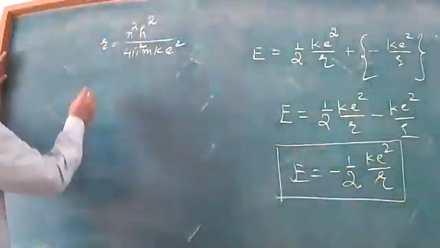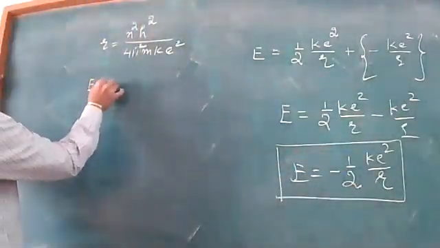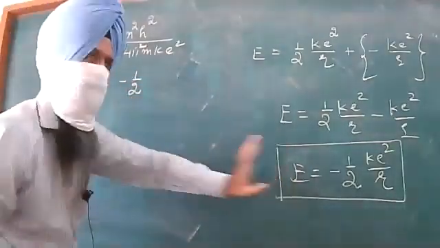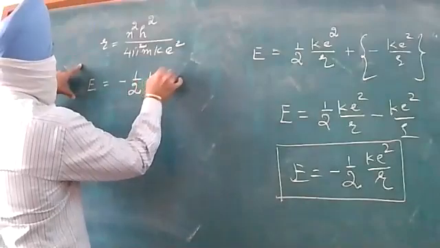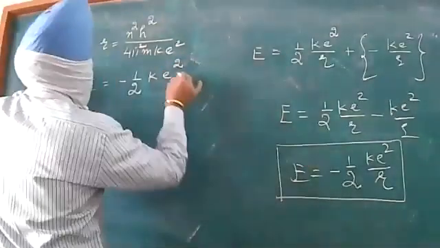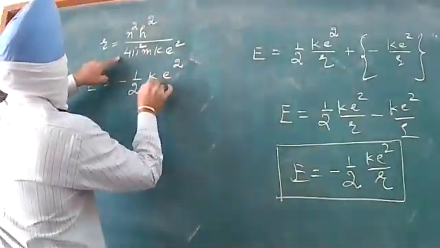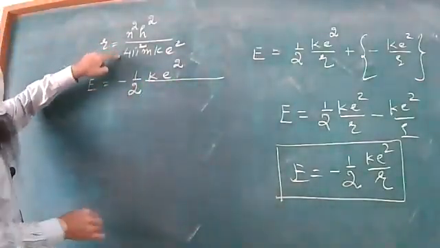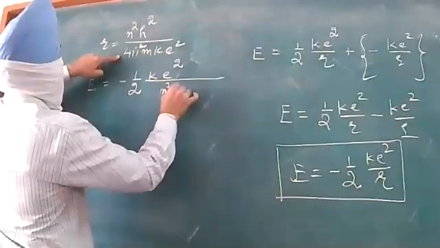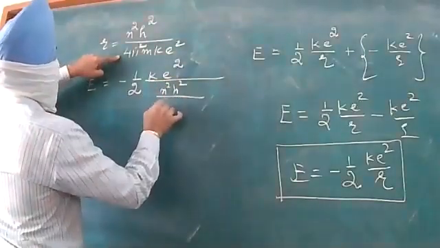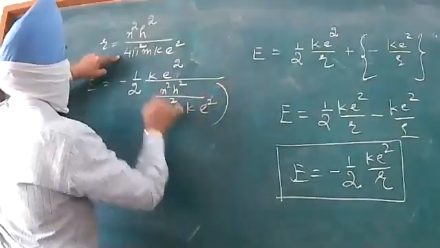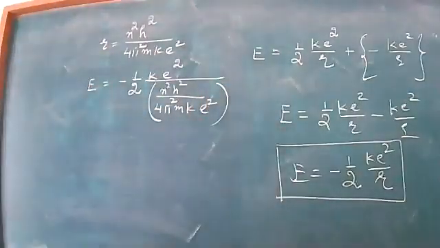So I will have energy equal to minus 1/2, k as such, e square as such, and r is there in the denominator. Let me very carefully substitute now: n square h square upon 4 pi square m k e square. You can well see this with us.